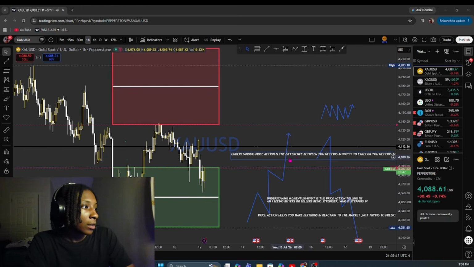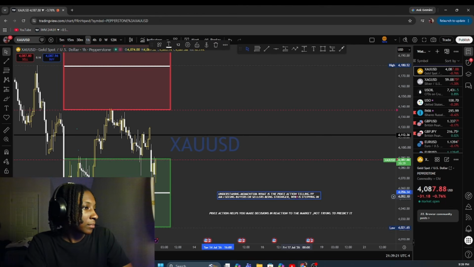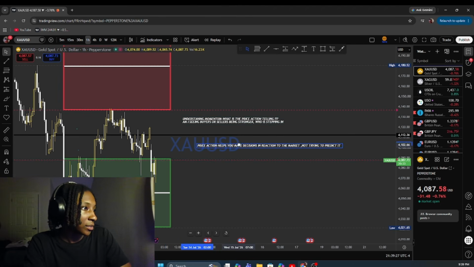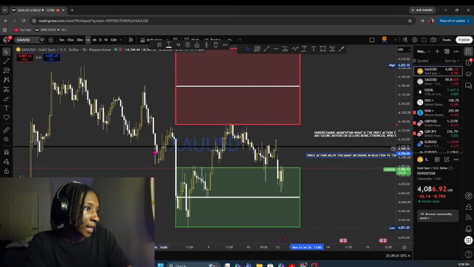So quickly, I'm going to show you an example right here in gold since the market is open. Understanding momentum, what price is actually telling me. Am I seeing buyers or sellers being strong? Who's stepping in? So I currently have it marked.